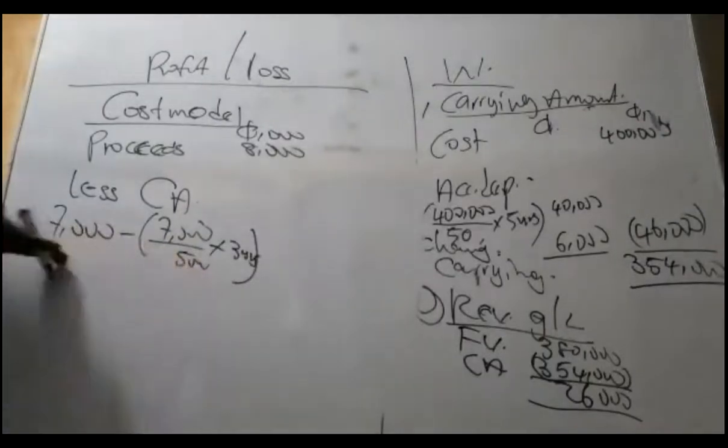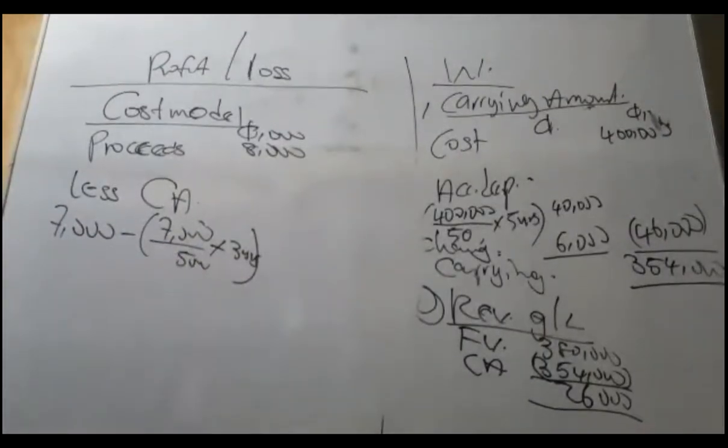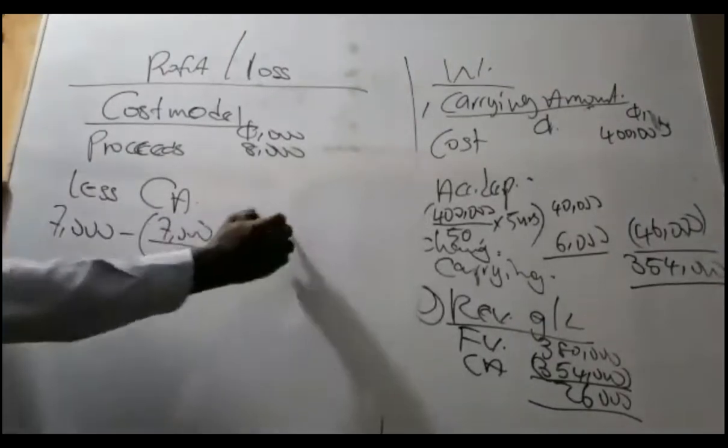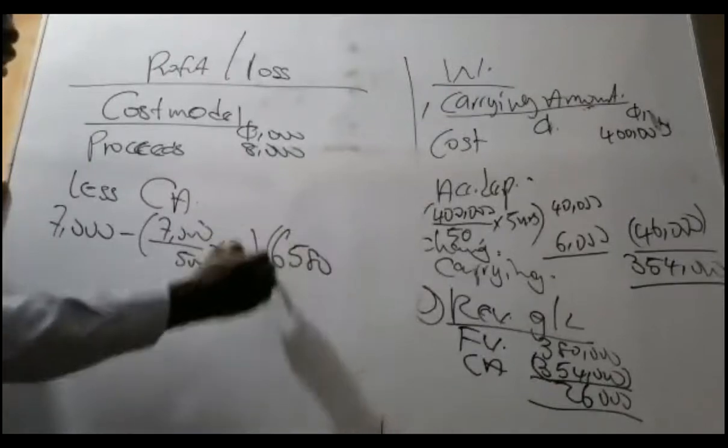Now let's see. If you do the calculation well, the accumulated depreciation will be 420. Let's confirm. So 7,000 times 47 divided by 50. This alone is 420. Then you take it from the 7,000 to get the carrying amount. So therefore, the carrying amount will be 6,580. So that's the carrying amount.